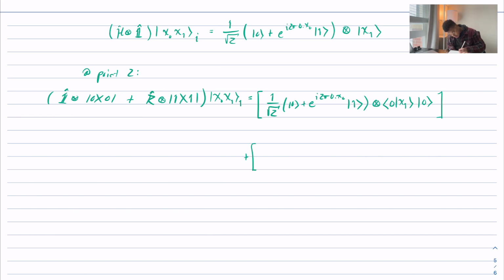And then we'll add one more term. So here we have the R gate applied to 0, and then we have e^(i2π 0.x0), 1, tensored with the projection of the x sub 1 qubit with the 1 state.